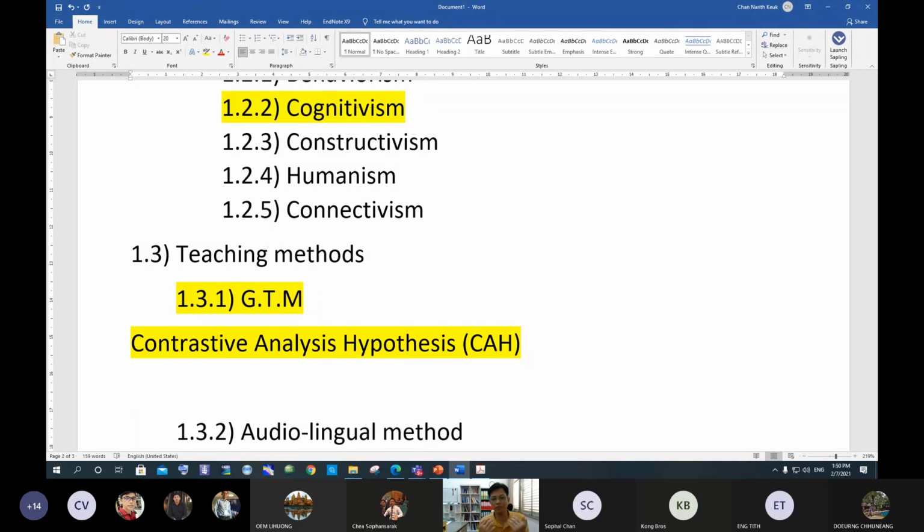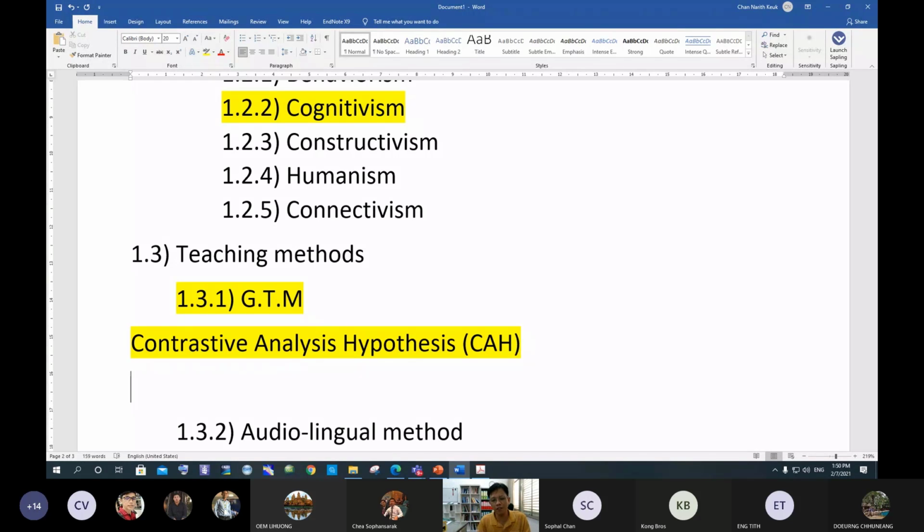Contrastive analysis hypothesis. When 2 languages, English and Khmer, are in contact, the problems arise. So the hypothesis says that when the systems of the 2 languages are totally different, the acquisition of the second language is difficult.